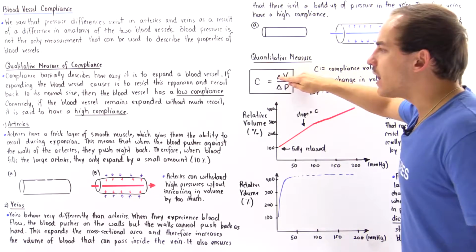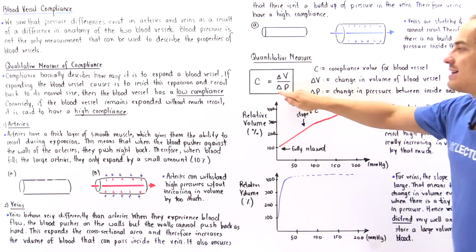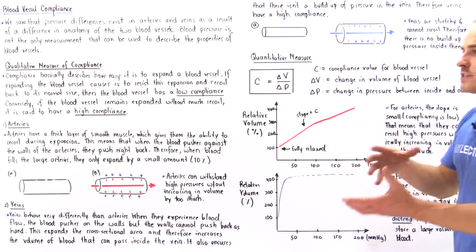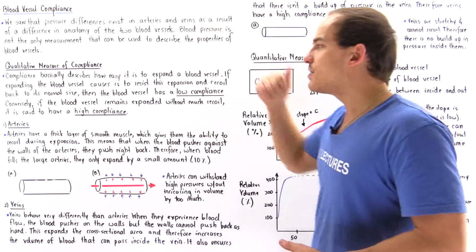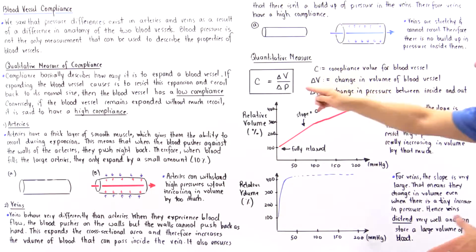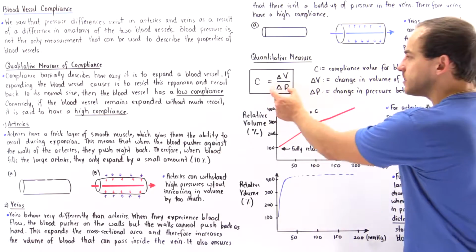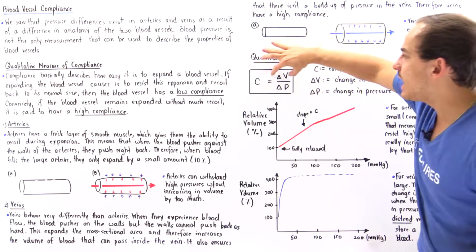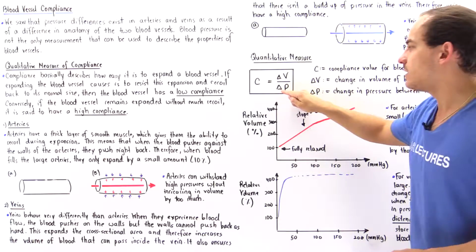The change in volume, delta V, is by how much volume it increases, and delta P is basically the change in pressure, the difference in pressure between the inside portion of the blood vessel and the outside portion of our blood vessel. So if we change around this equation and if we bring the delta P to this side, we get a linear function. We get delta V is equal to the product of C multiplied by delta P.